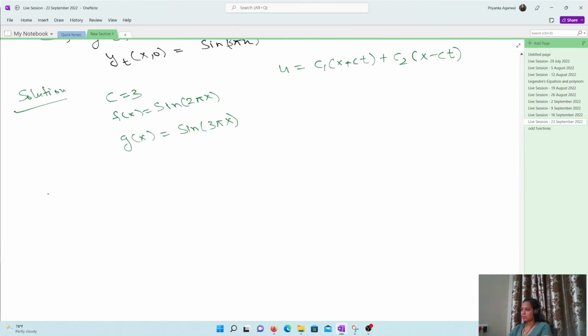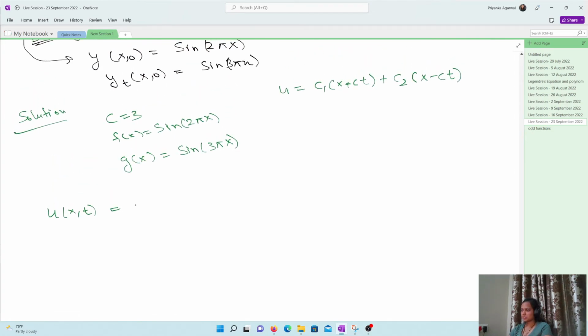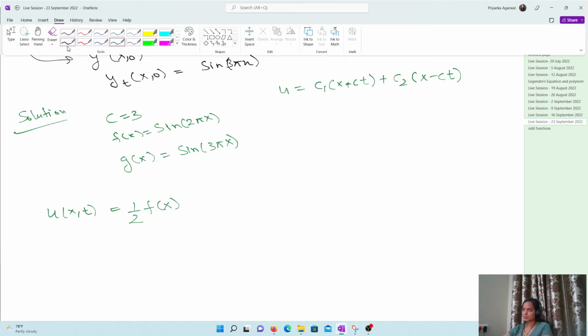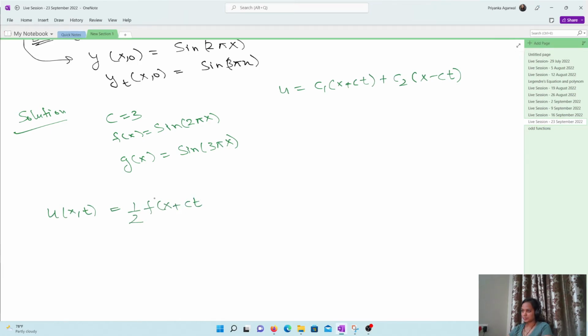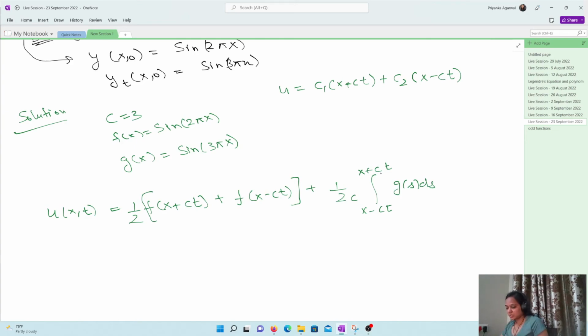We already know what form this u takes in terms of the solution, which is 1/2 [f(x + ct) + f(x − ct)] plus 1/2c ∫ from x − ct to x + ct.